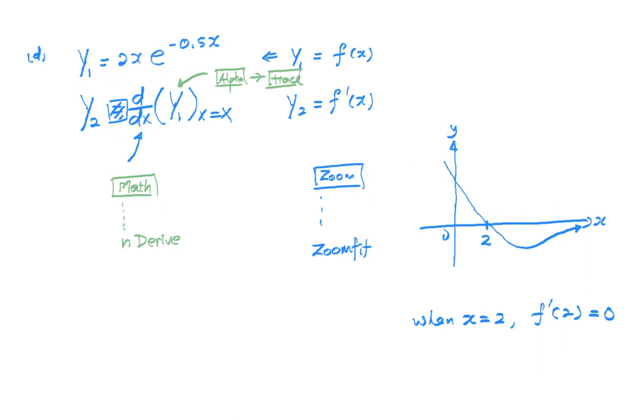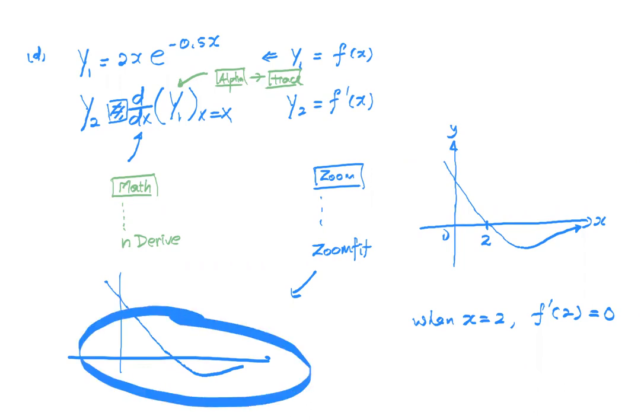So what you need to do? I sketch what you get when you do a zoom fit. Then you ask yourself, how are you going to get this graph? When you do a zoom fit, you get a graph like that. So now I want to make this part obvious. So what to do?